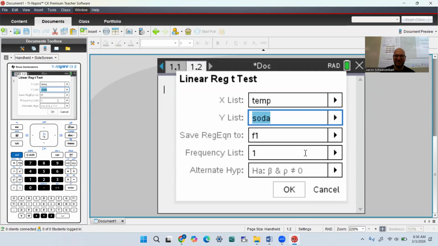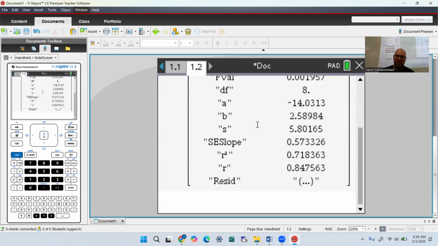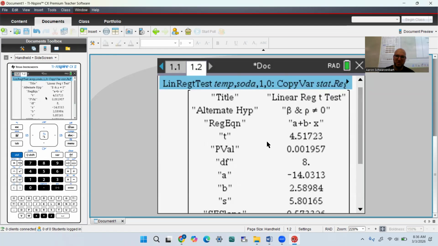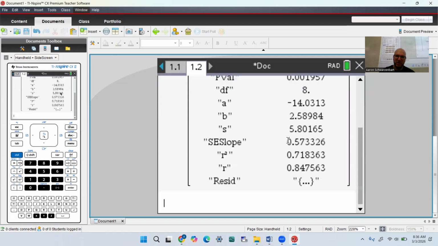I can't emphasize this enough. So the alternative is beta and rho is not equal to 0. I think beta is the slope.